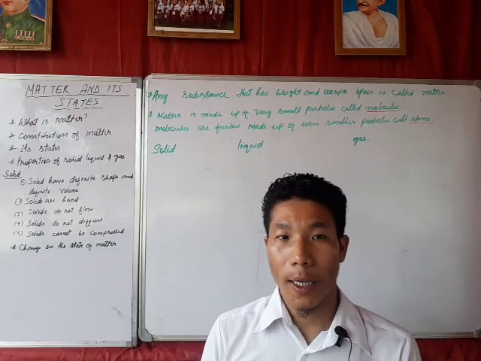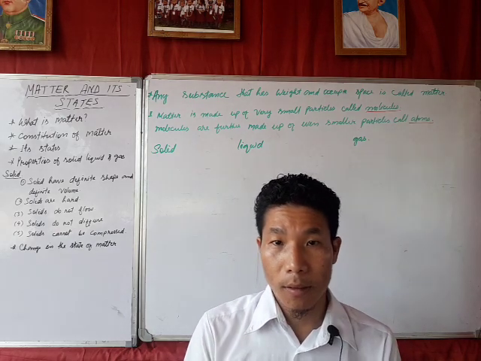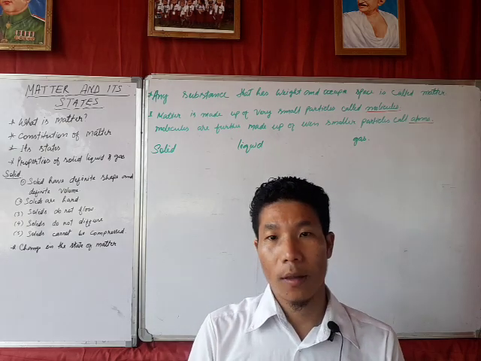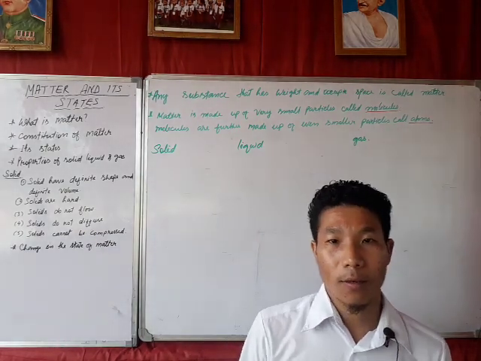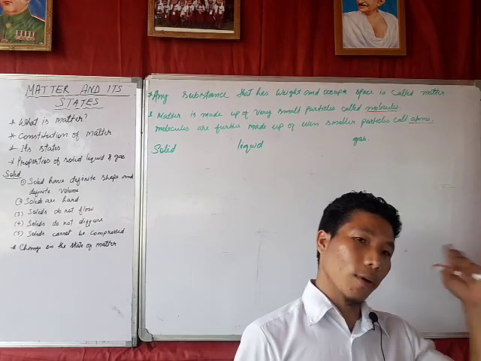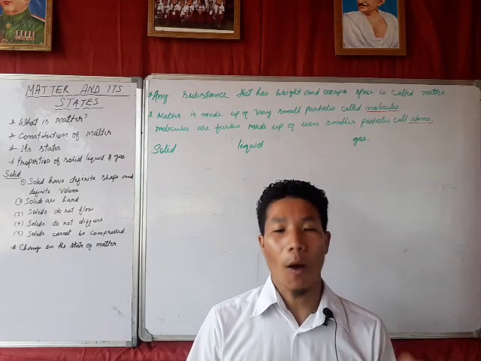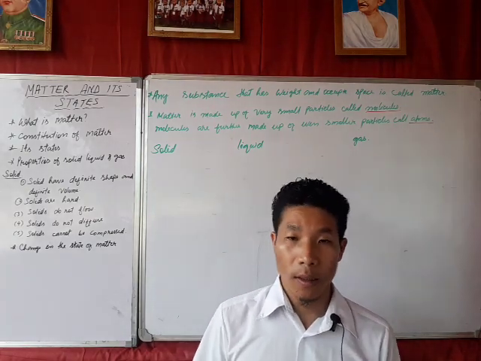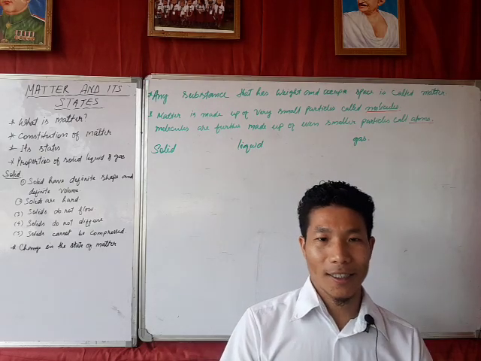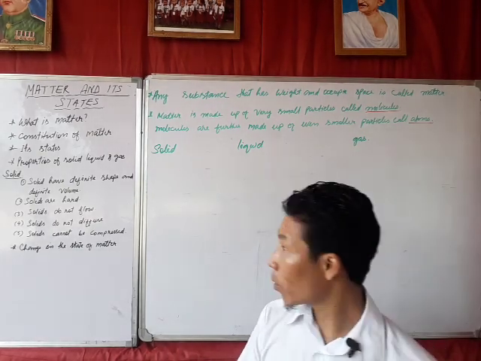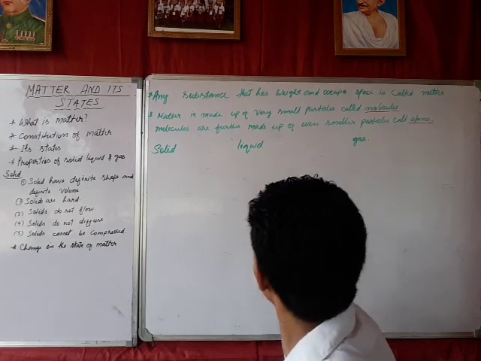Can you give me more examples? Yes, milk, oil, kerosene, petrol, all these things are liquid. And what are the examples of gases? Oxygen, nitrogen, carbon dioxide, all these things are gases. Just some examples, let me not write them. So now you understand what is solid, liquid and gas.